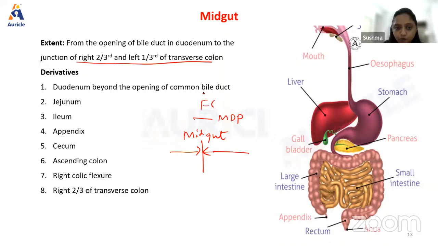Above that, we have foregut. Now, what are the derivatives? Very easy. Duodenum below the opening of the common bile duct, jejunum, ileum, appendix, cecum, ascending colon, right colic flexure, and the right 2/3 of the transverse colon.